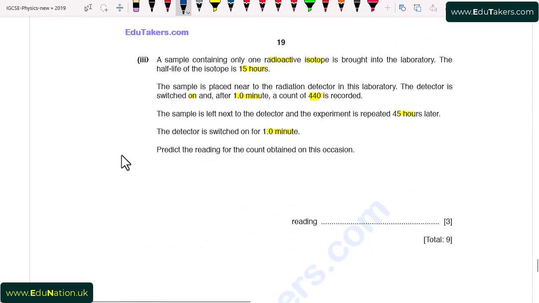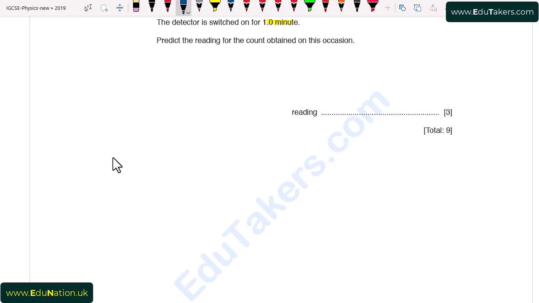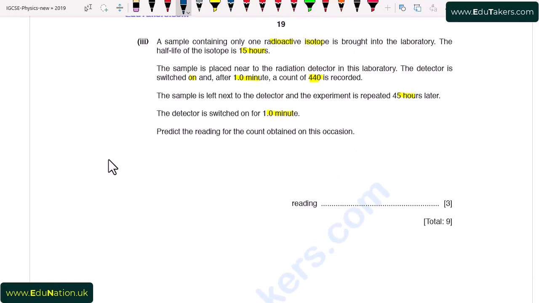So going next, first of all I write here after 1 minute the count rate is 440. It is equal to 440. And when we have to find out the actual count rate, we also have to know about the background radiation count rate.